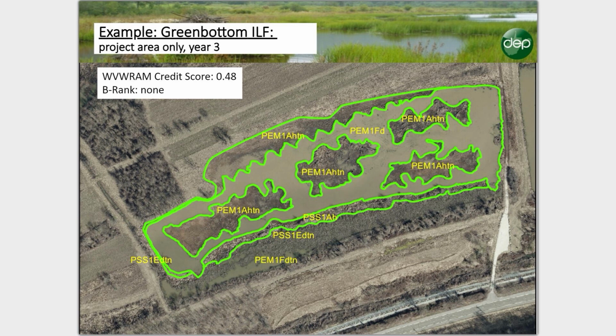So you'd be monitoring this bit over time, and hopefully that score of 0.48 would go up to the point where the entire wetland score would go back to being a high quality wetland over time. That would be the ultimate success. So it's something to consider.